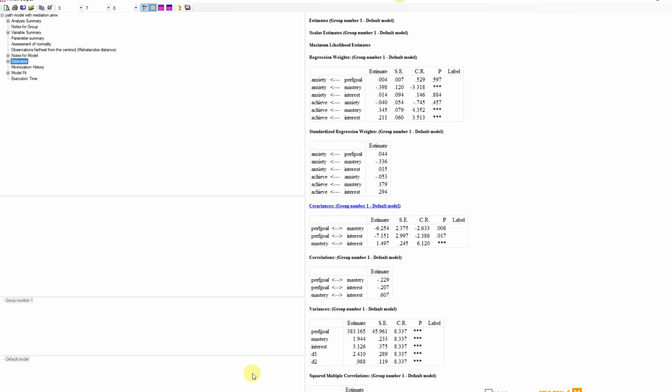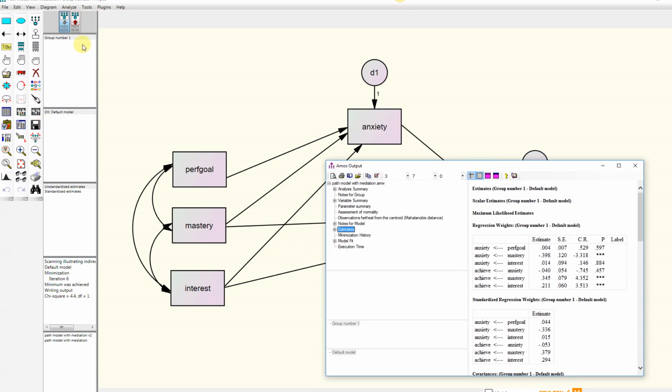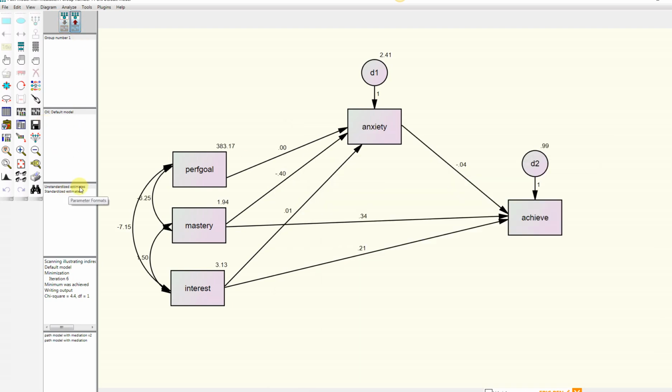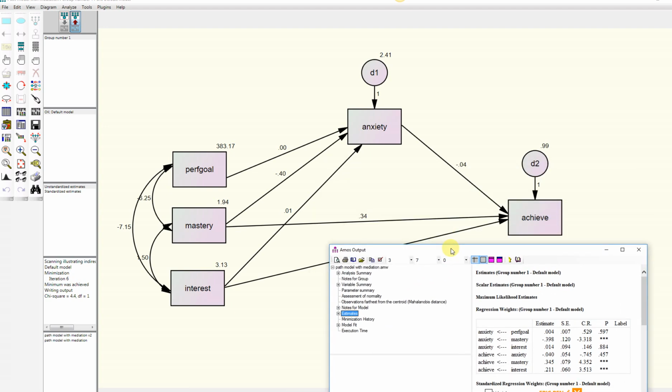All of the direct effects that we had in the model, I can click over here and show you, these are the unstandardized estimates. These path coefficients are all reflecting the direct effects in the model. If I want to look at the tests of the direct effects, I can look at the unstandardized regression weights. That's what these are right here. The values are rounded to 2 decimal places here; in the output, it's rounded to 3.